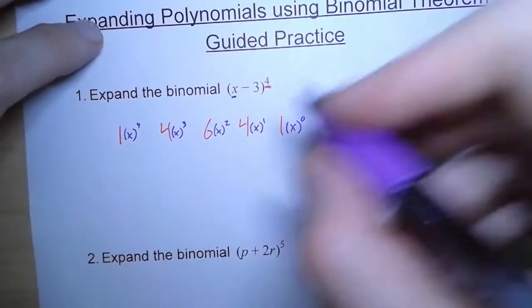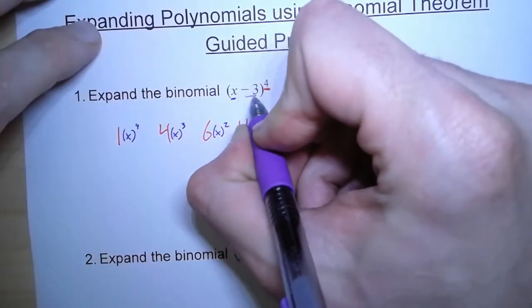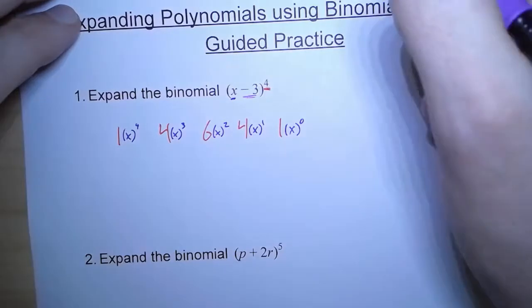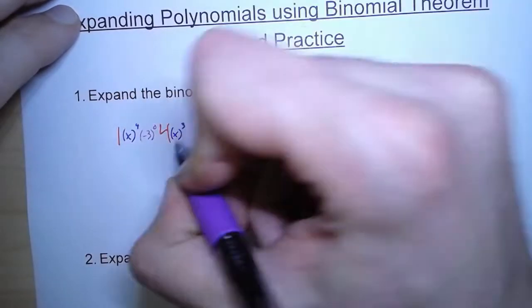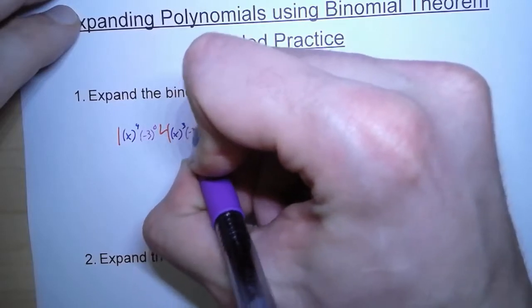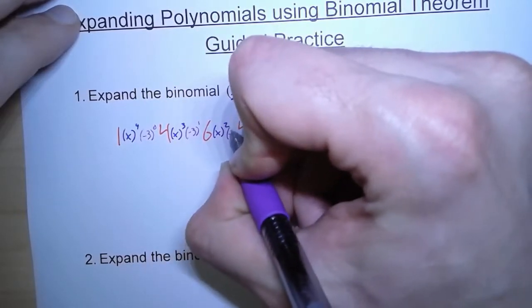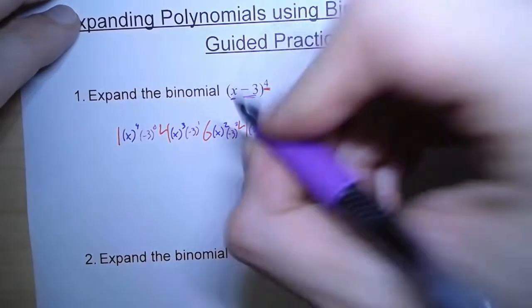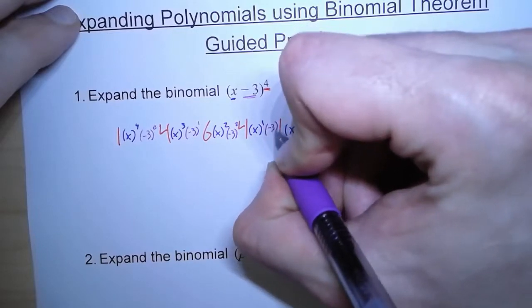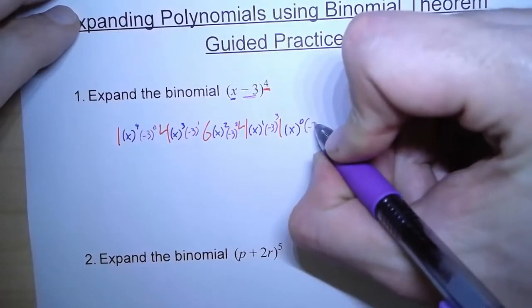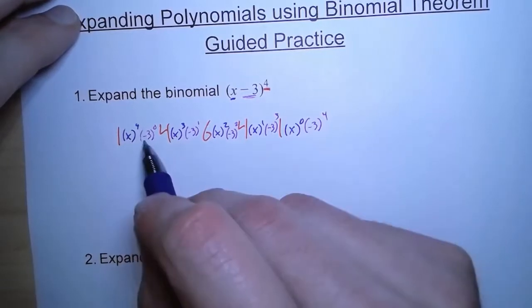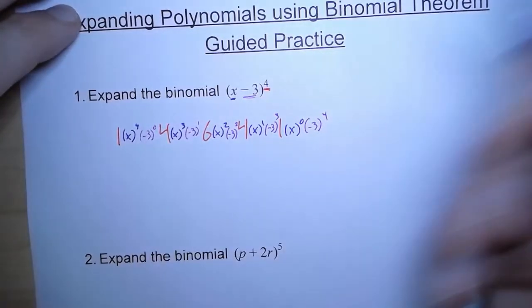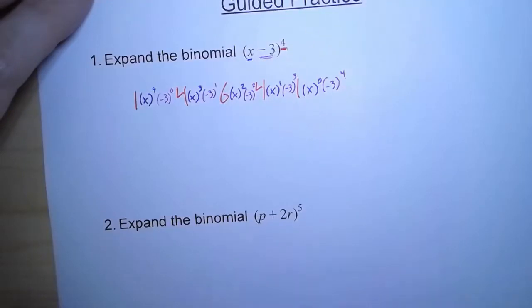Then we start with the other term, which is -3, and you have to include that negative there. So -3 starts with the 0 power, and then we go up: -3 to the first, -3 squared, -3 cubed, and then -3 to the fourth power. Again, anything to the 0 power is just going to equal 1.